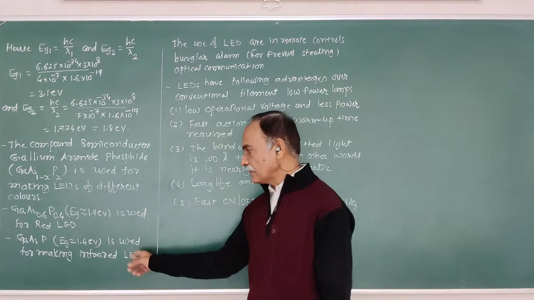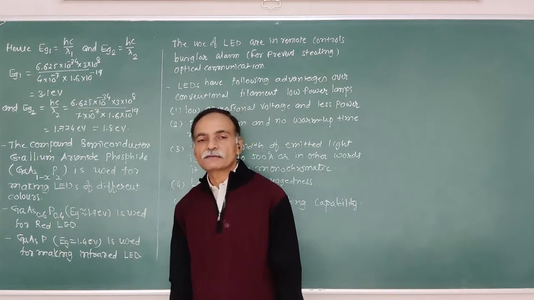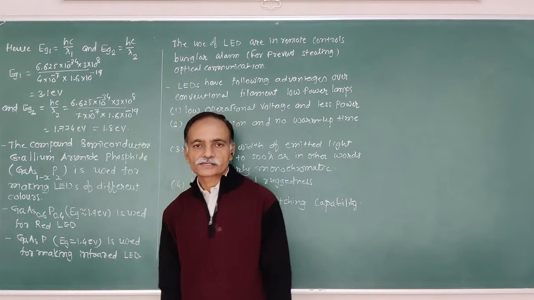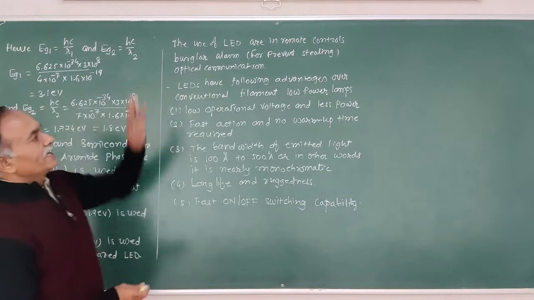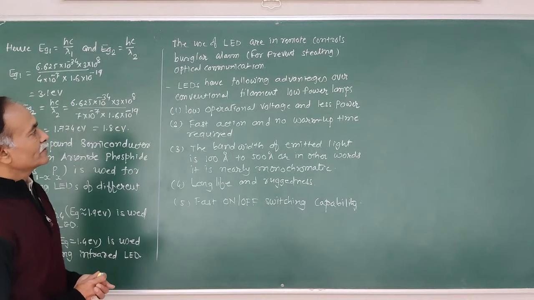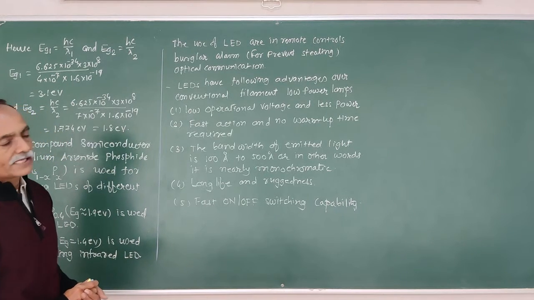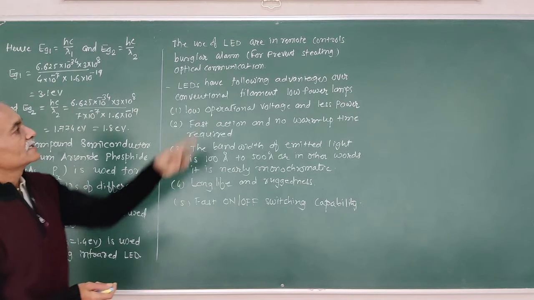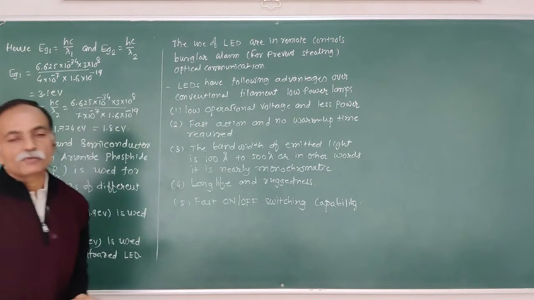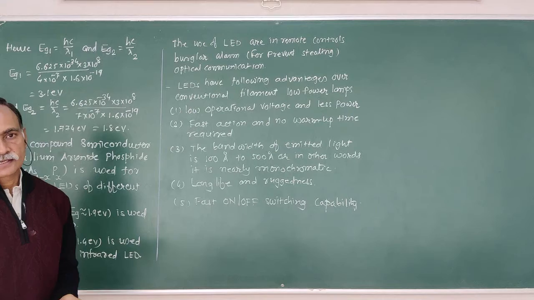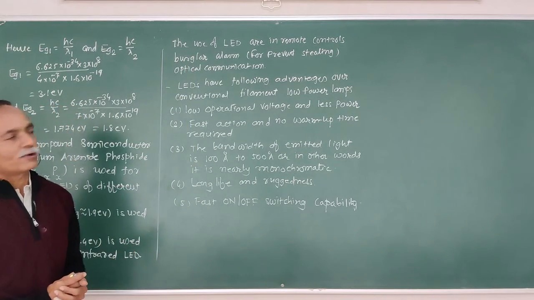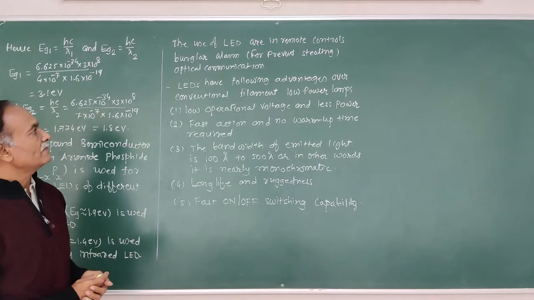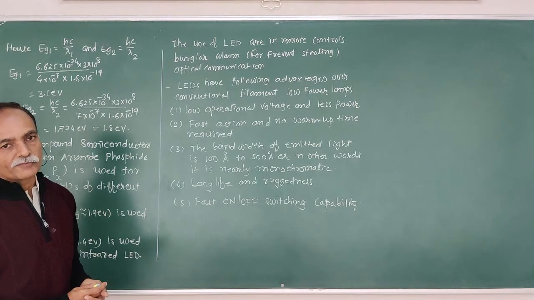For this type of LED, the band gap energy is 1.4 electron volt. The uses of the LED are in remote control, burglar alarm, that is to prevent stealing, and optical communication.